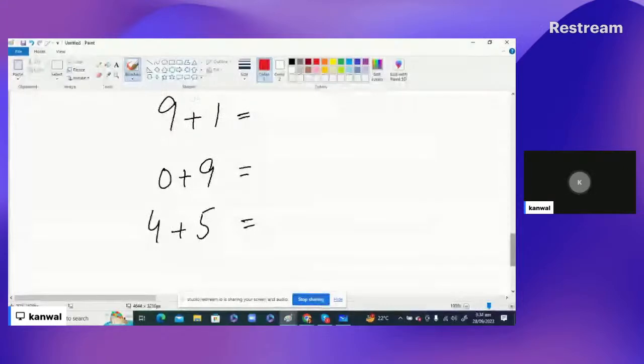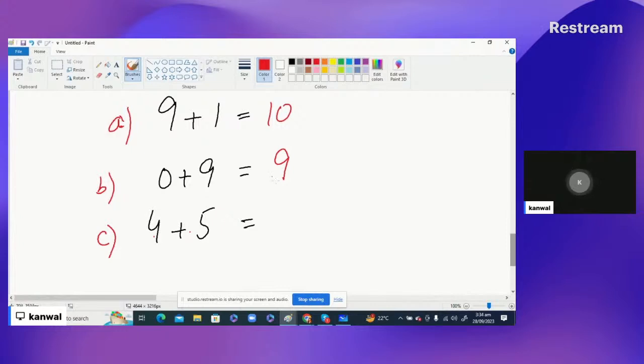So let's check for the option A. 9 plus 1, the answer is 10. Now for the B, 0 plus 9. So the answer is 9, because anything that is added with the 0, the answer should be same. Now for the C, 4 plus 5.